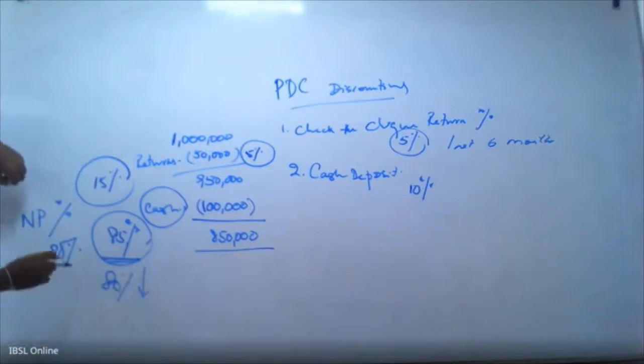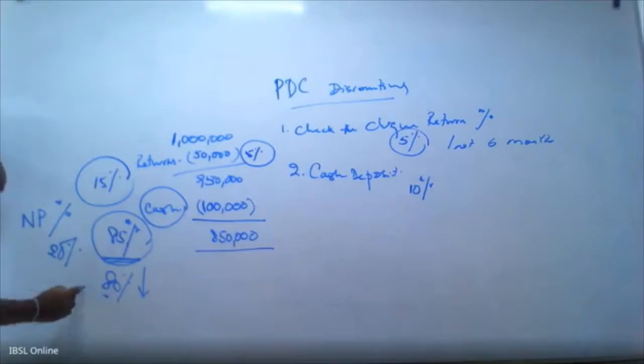Why? Anytime we are not giving the profit margin to the customer. So we may give 80 or we may give 75%. What does 75% mean? Even if 75% of the checks get realized, we will be okay. Right?